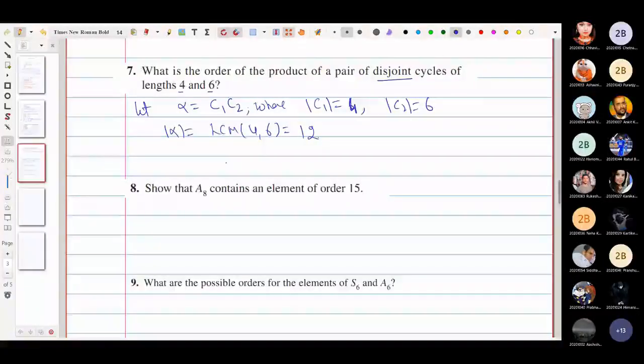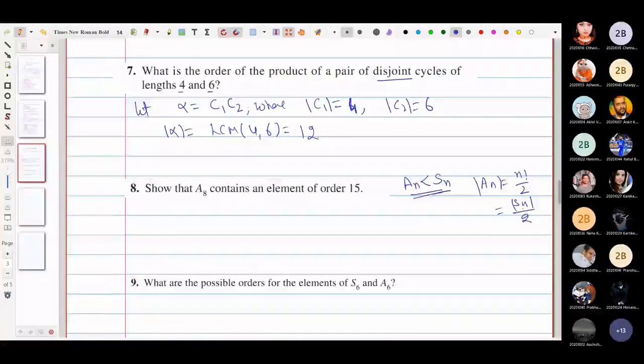Question number 8 says A8. Yesterday we discussed Sn, and then An as its subgroup. We also noted that the order of An is n factorial by 2, that is, the order of Sn divided by 2.